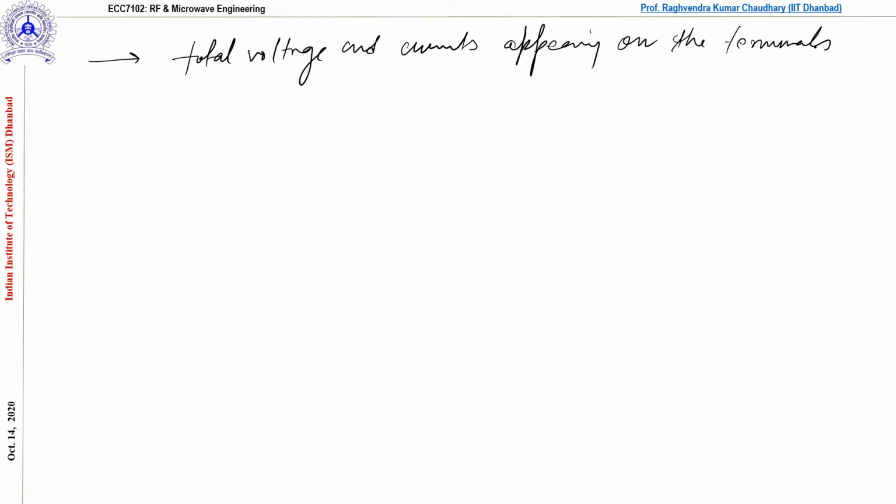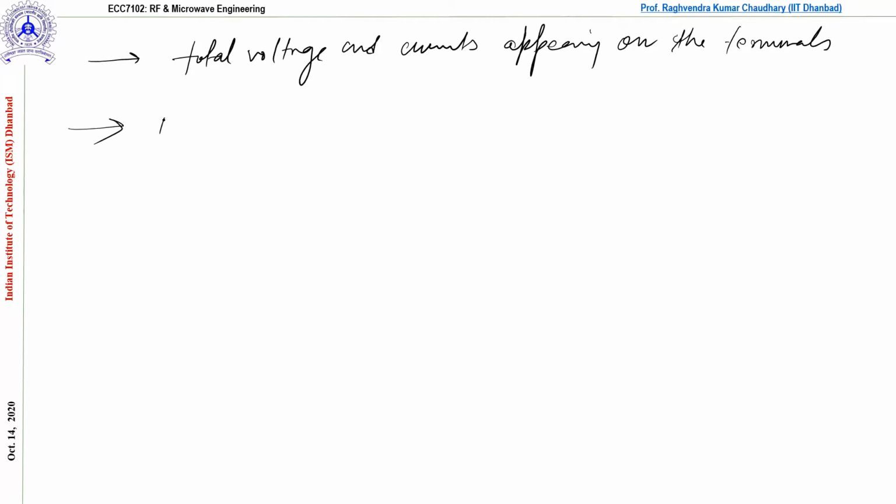The thing is, it is quite difficult to use these conventional two-port parameters at high frequency. So what are the problems with these conventional two-port parameters?